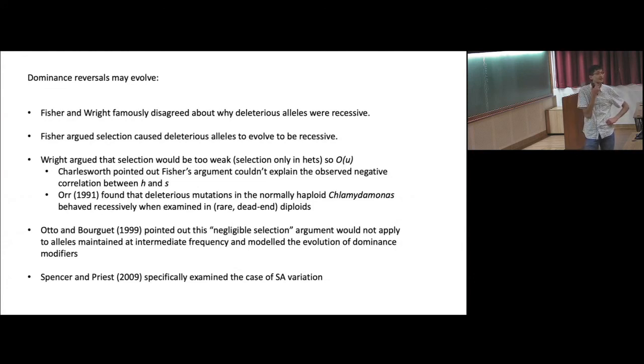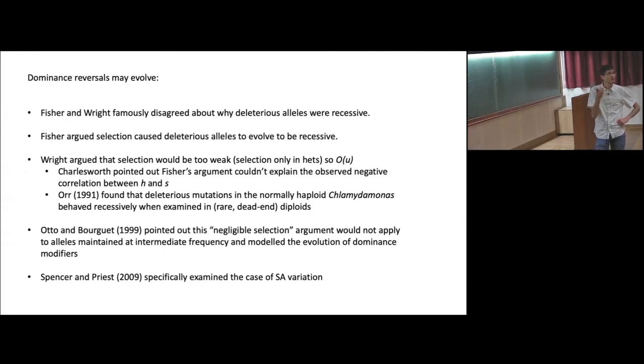In fact, as far as I understand it, they corresponded in quite a friendly way up until they started disagreeing about why deleterious alleles tend to be recessive, and they had a big falling out over this issue.